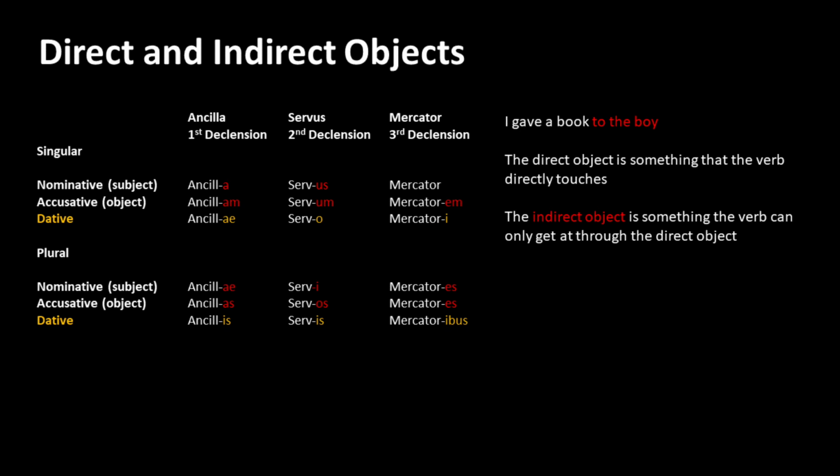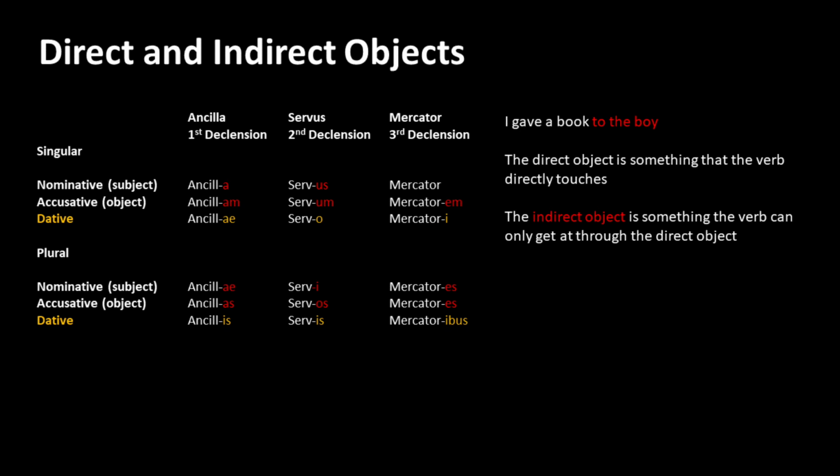From this, we can say that in this sentence, book is the direct object. It is the one that is immediately connected to the verb. Boy, on the other hand, is an indirect object of the verb.